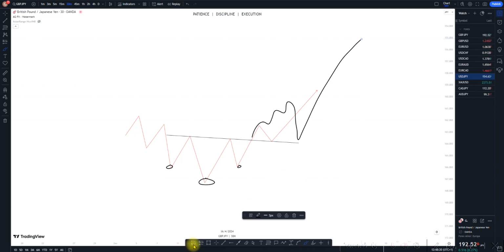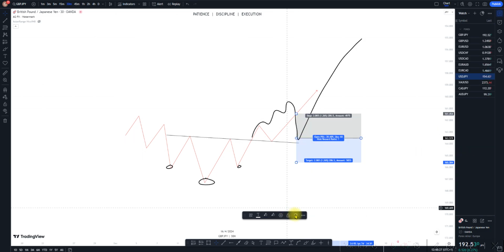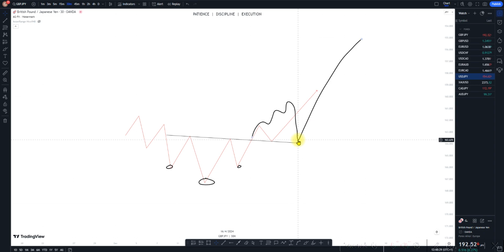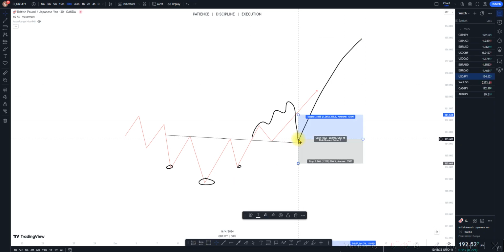So which means we are going to place a buy limit here, or if it's not a buy limit, you are going to wait for the market to actually come here itself before you take a buy. So here I place my buy, and I'm still going to place my stop loss at this low. Why am I placing my stop loss at this low?